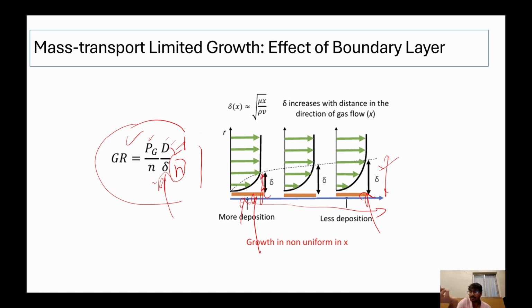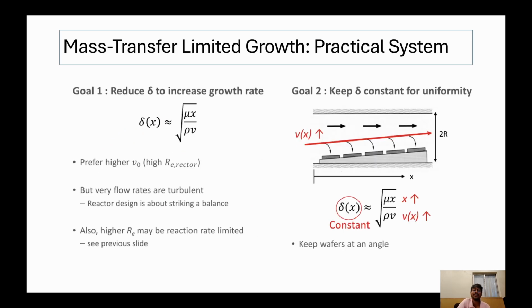The trick is, if you can put your substrates like this on a wedge, you make the wedge such that this height, this delta, is constant throughout. So you can make a wedge kind of susceptor.